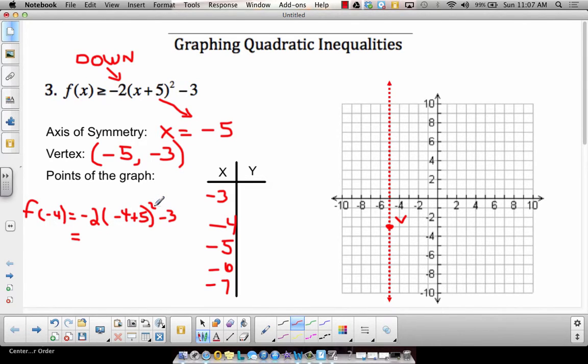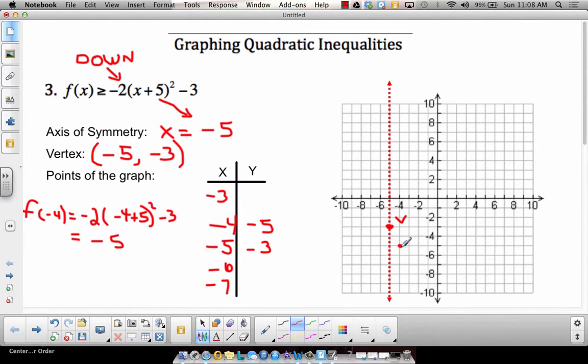When I square that, I still get 1. 1 times -2 is -2, and then I still have to deal with this -3, so I get -5. So at -4, I'm at -5. Might as well finish writing in my vertex while I'm here. At -4 on the x-axis, I'm down 1, 2, 3, 4, 5.